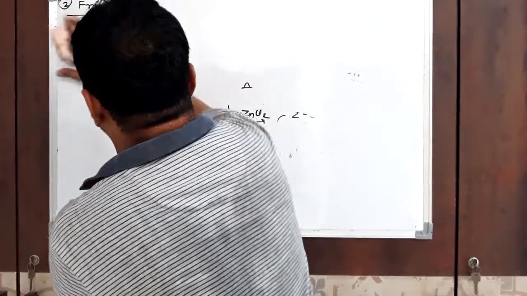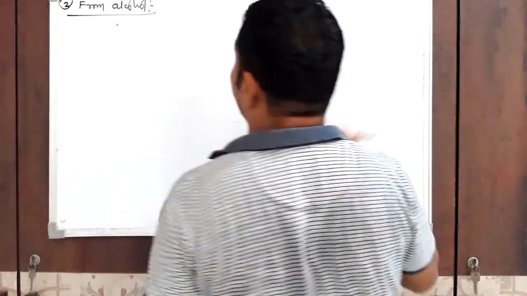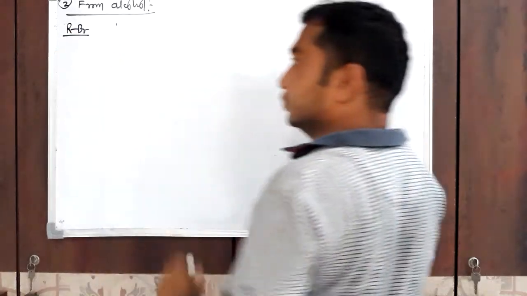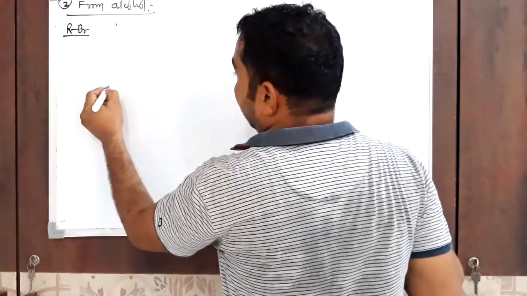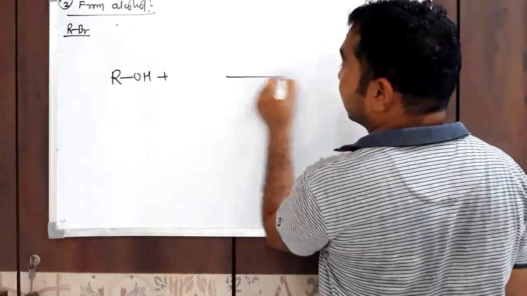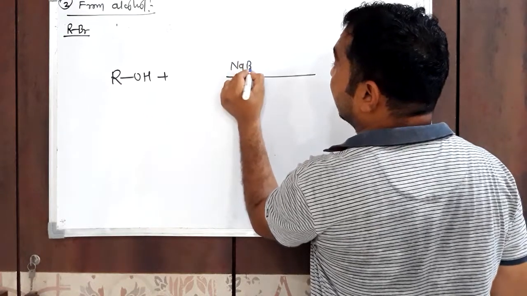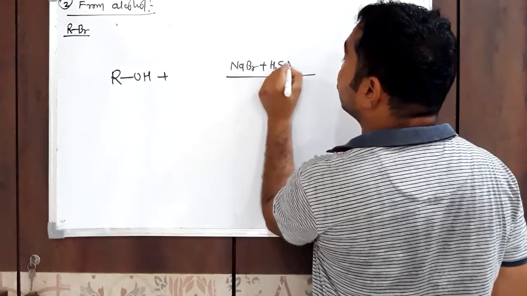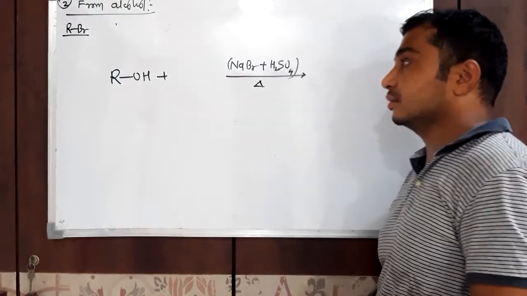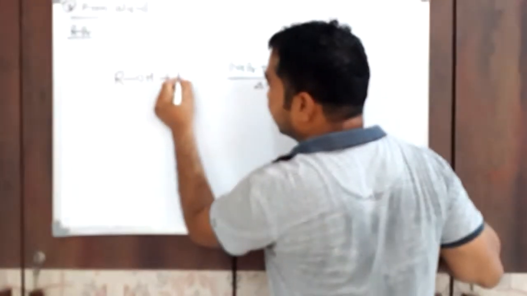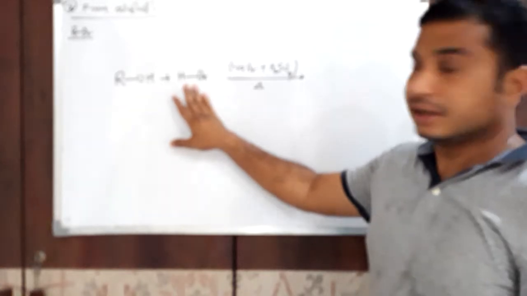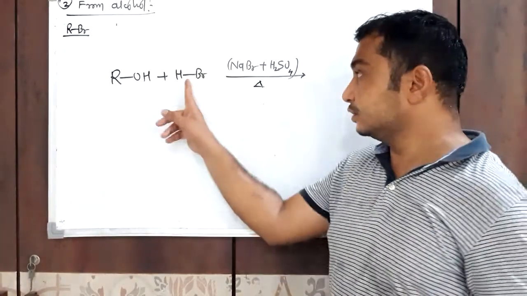Next, alkyl bromide. If you want to prepare alkyl bromide, RBr, then what do we have to do? Same reaction. This alcohol is treated with NaBr plus H2SO4 and heat. Actually, we have to take HBr here, but due to instability HBr is not available.